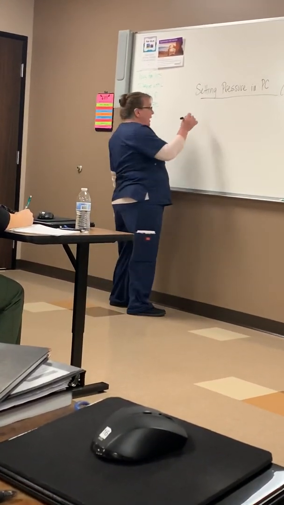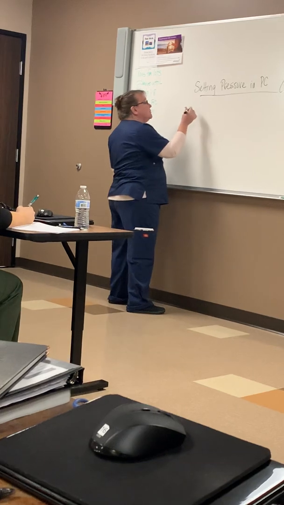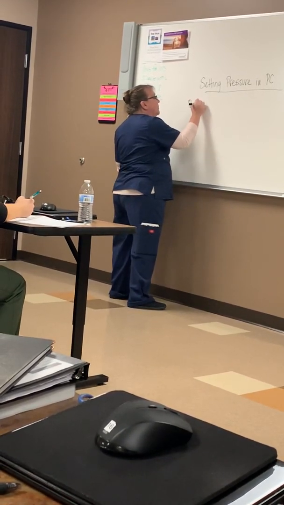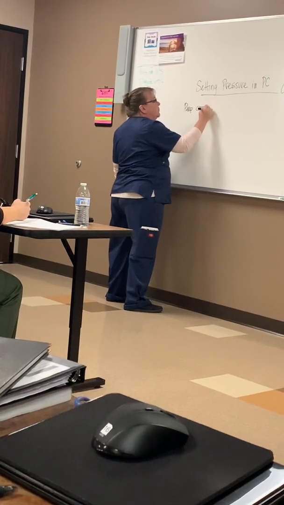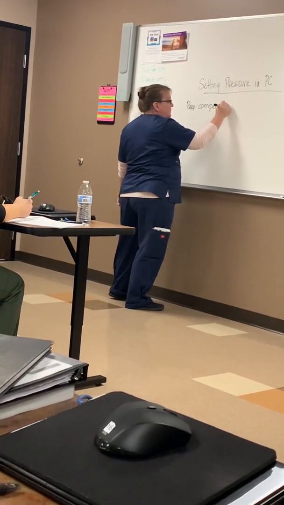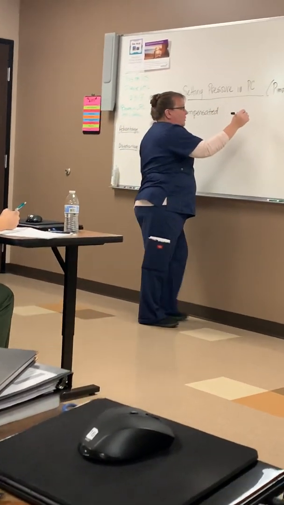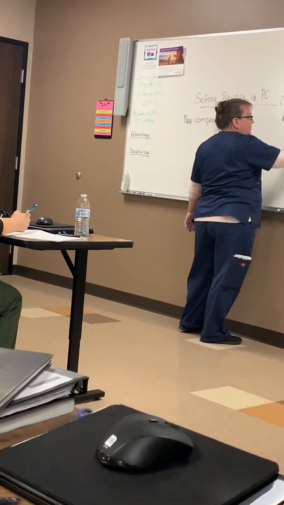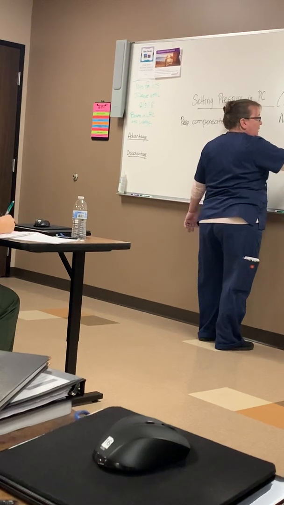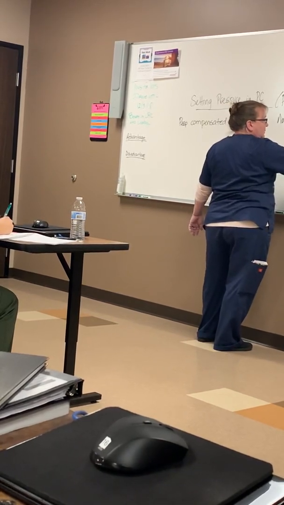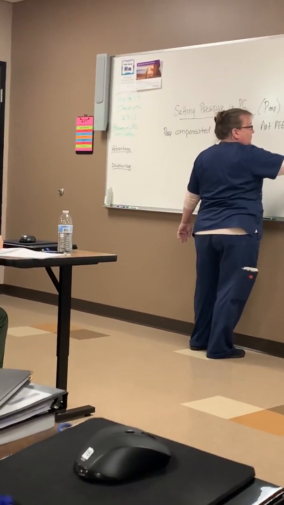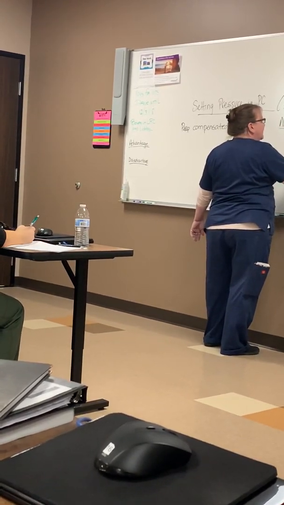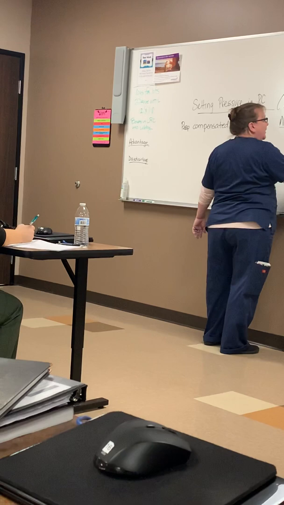So we have, of course, two different types of vents. Those that are PEEP compensated and those that are not PEEP compensated. Not PEEP compensated is the LTV that we have and the Draeger.